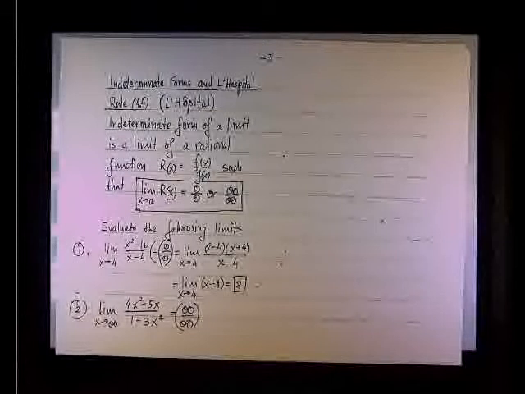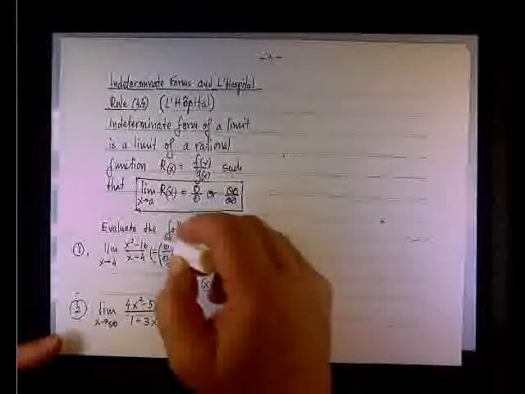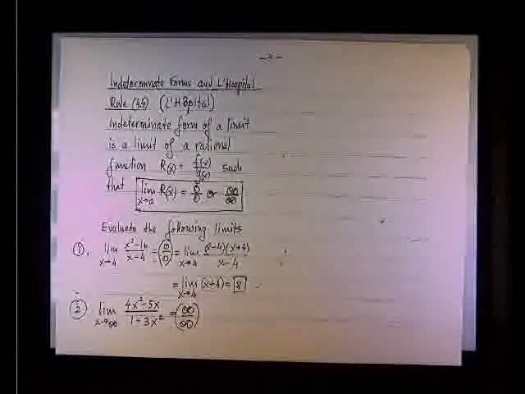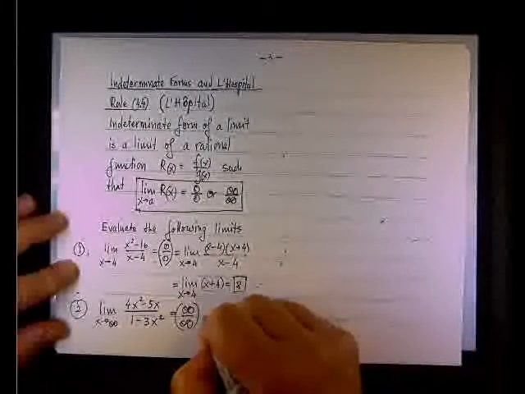But what we know about limit at infinity, if x goes to infinity, we'll have to have 1 over x, 1 over x squared, or 1 over x cubed, something like that, because all of those expressions will go to 0 as x goes to infinity. So we need to factor.